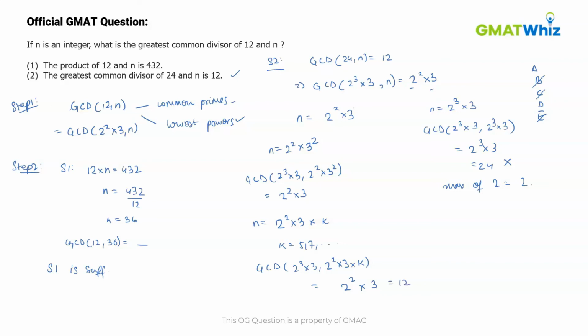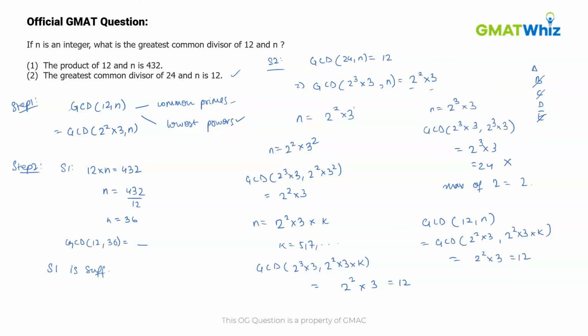Using this logic, we can find the GCD of 12 and n, because when we write 12 as 2 squared multiplied by 3 and n as 2 squared multiplied by 3 into k, this will give us 2 squared into 3, which is equal to 12.